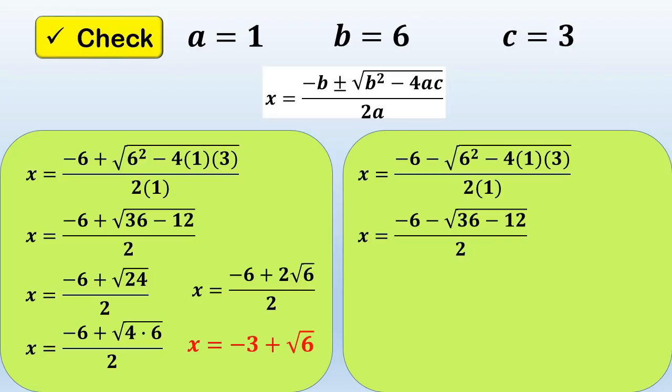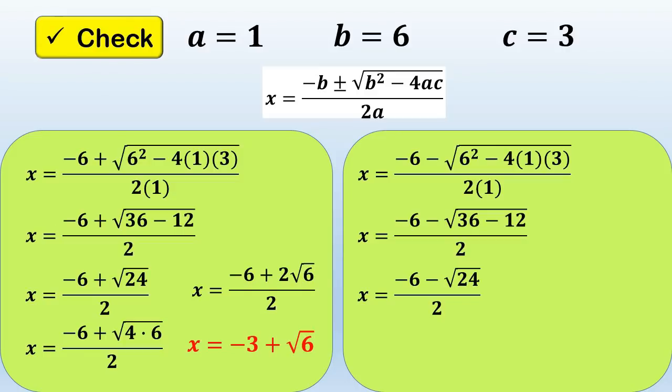The next step that we need to do is to subtract 36 minus 12. Okay, so let's copy negative 6 minus square root of 36 minus 12 is equal to 24 over 2. Now, let's put the factors of 24.